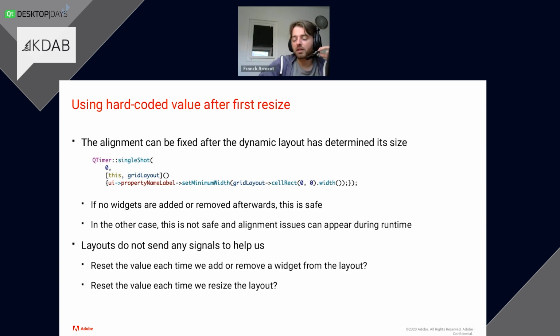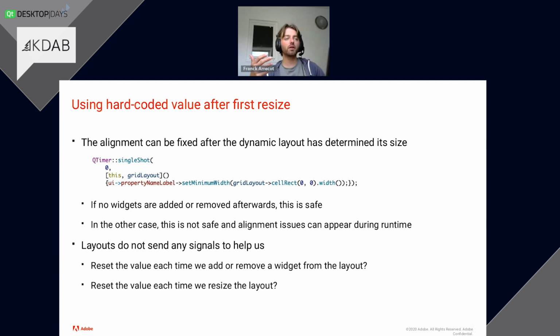Why is that so complex? Why is that so painful to not be able to say that we want things to adapt? It's because layouts have no signal. The QBox layout has no signal to notify you that an item has been added or removed.